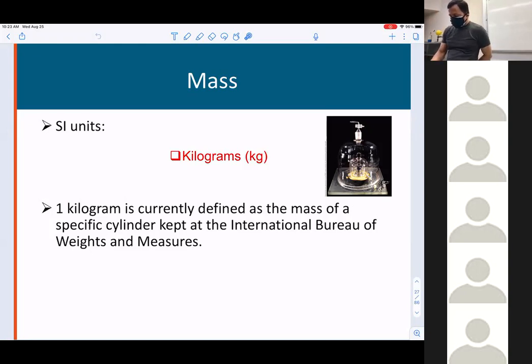And then the idea here is, how do we know if something else is a kilogram? Well, you compare it to this thing right here. You put them both on a weigh scale, and if they balance, then that other thing also is 1 kilogram. And how do you know if something is 2 kilograms? Well, now you have this object that you know is 1 kilogram, and you have this thing sitting in Paris that's 1 kilogram.